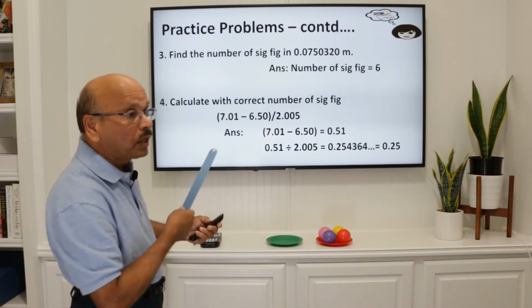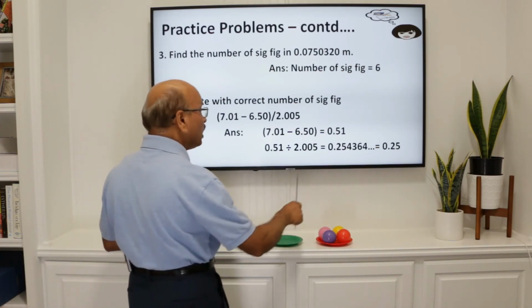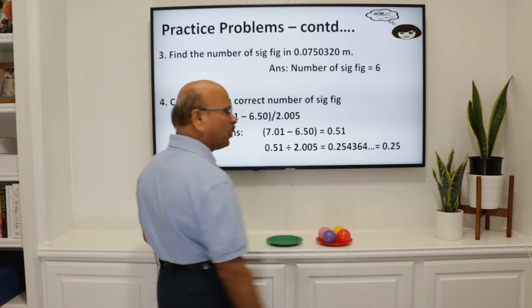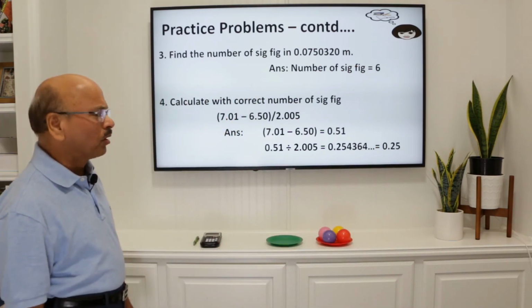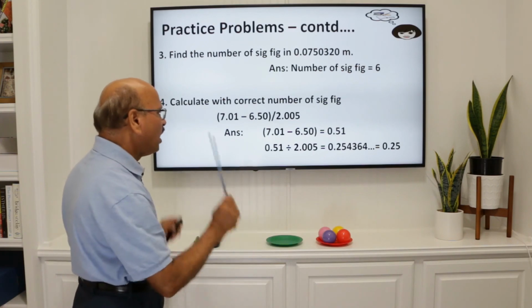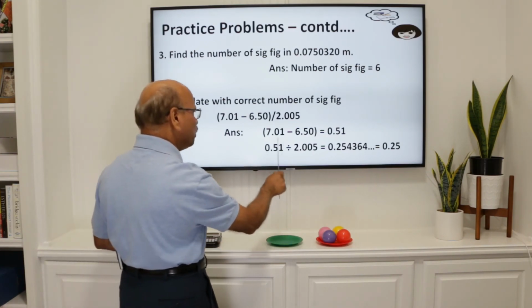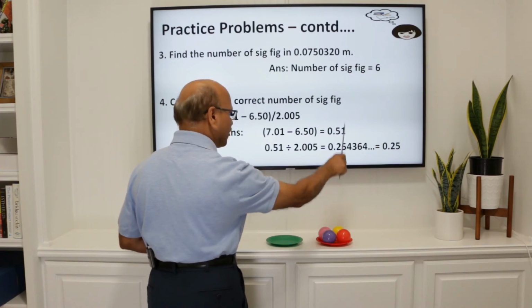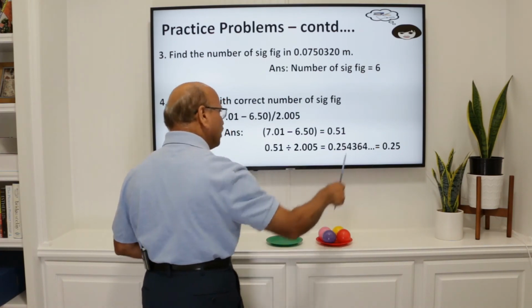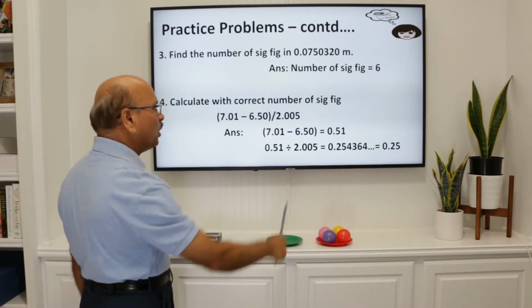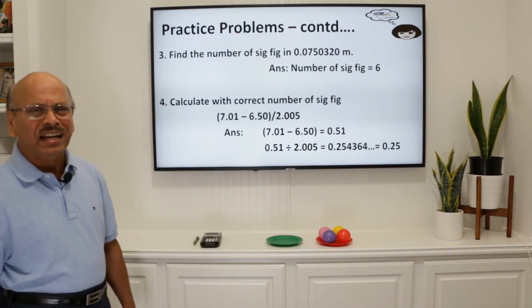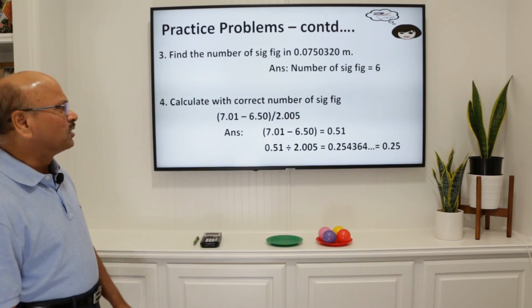And if you do this in your calculator, the calculator is going to give you 2, 5, 4, 3, 6, 4. It gives a number of digits. You cannot keep all of them. You can only keep what? According to our rule, keep only 2. That means go from the left, go to the second significant figure, cut there. Since the number that goes out is 4, you have to keep only the 0.25. So that's going to be your correct answer. I think you got the idea how to calculate such things.